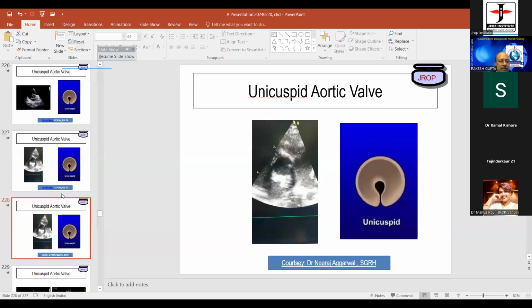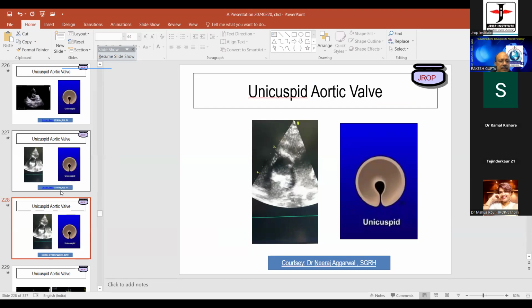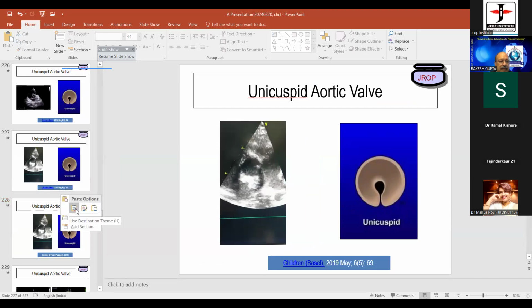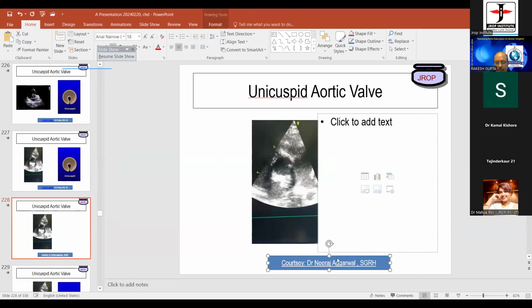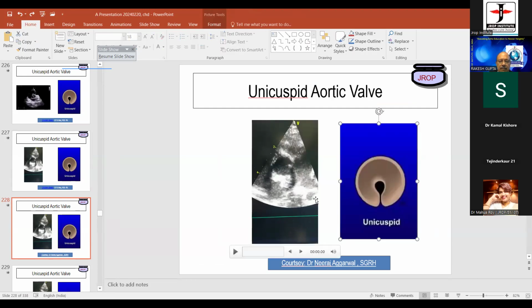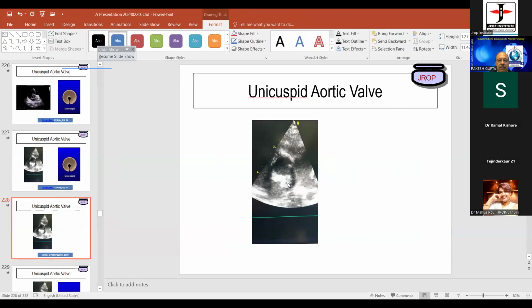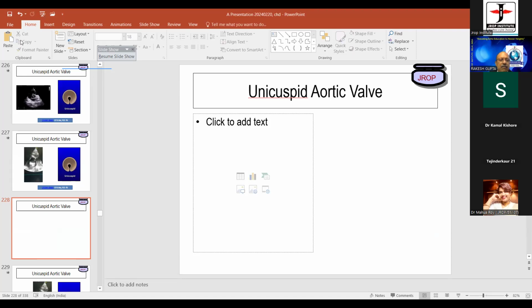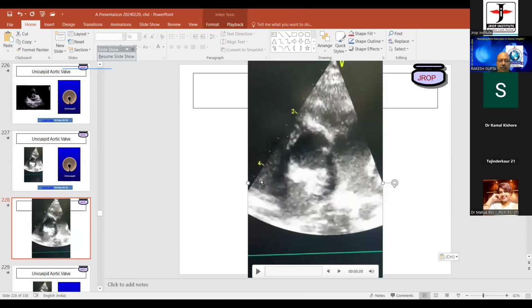These computers are very funny things. But I'll play it like that only.